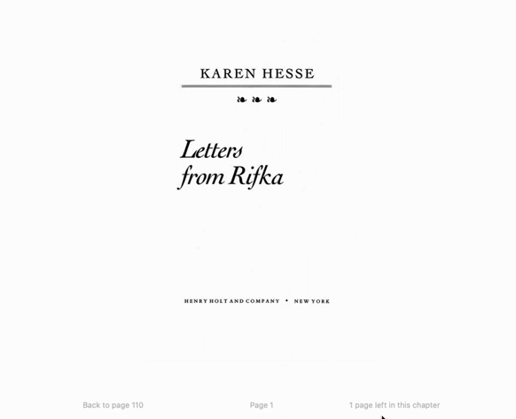Hesse's Letters from Rifka. Before I begin reading this story, I'm just going to talk a little bit about the historical note that we read and the author's note, not recounting things, but just calling to our attention the fact that this story is set in the early 1900s, and that was talked about in the historical note.